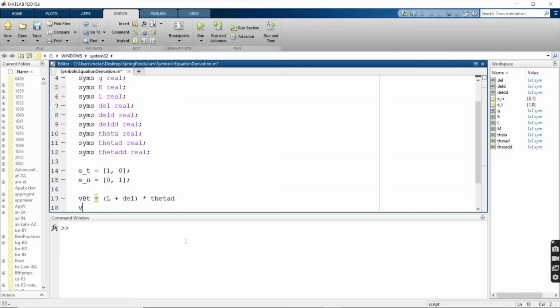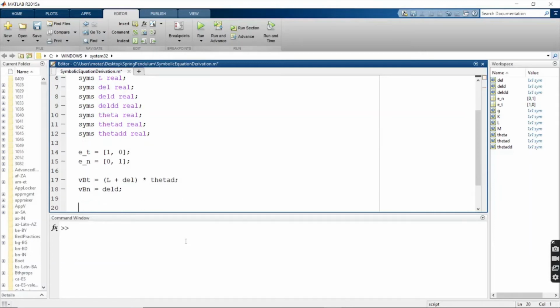And in the normal direction, it's going to be del dot, the time derivative of del.